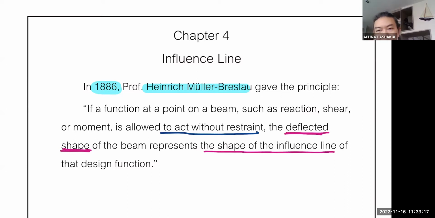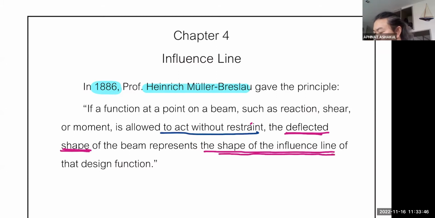Now, if you have proper imagination, you can remove the restraint of your design function, but the force is still there, so it is going to move the structure. If you can imagine how your beam is going to deform under such circumstances, you can obtain the shape of the influence line very easily.